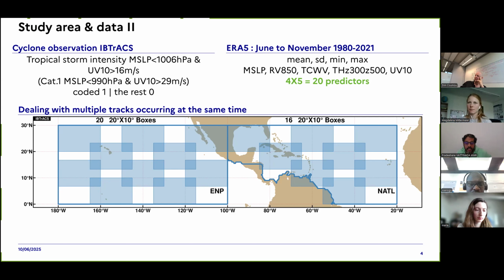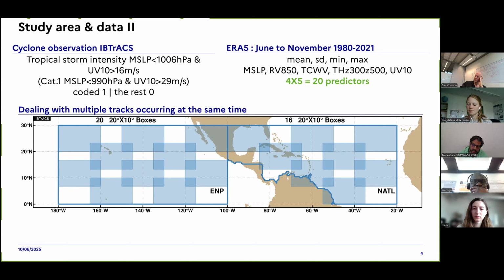Actually, they have lots of uncertainty because they are a collection of tracks given by different meteorological centers. These are based on the interpretation of satellite images.